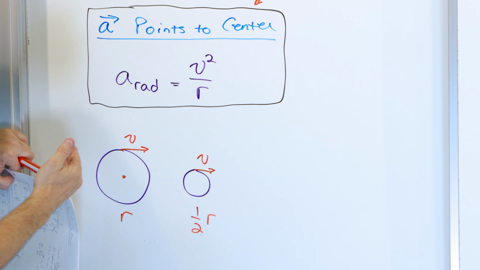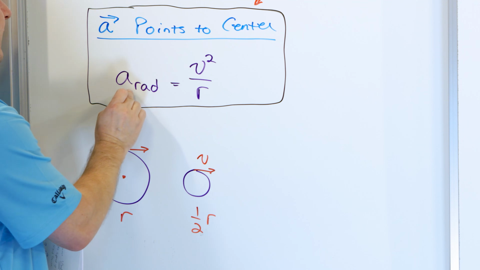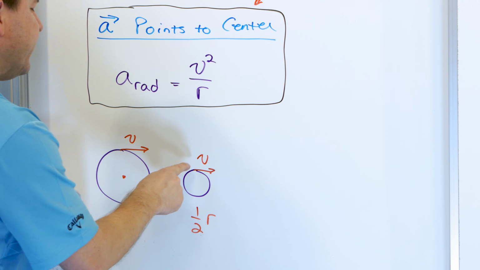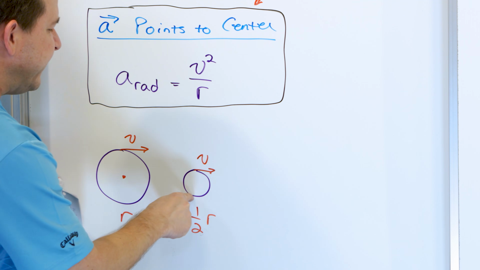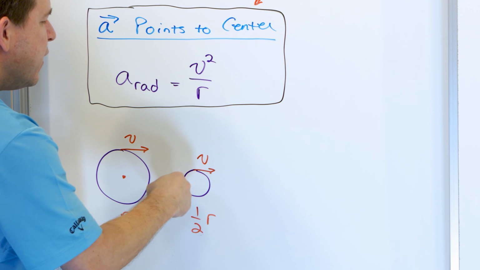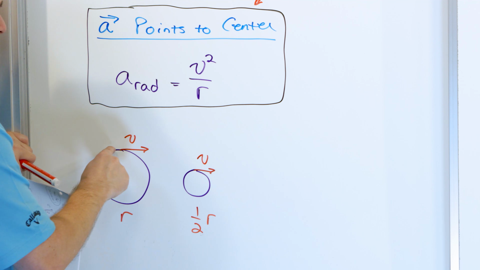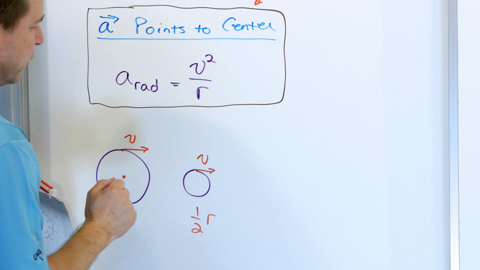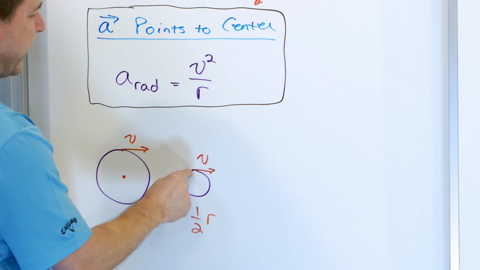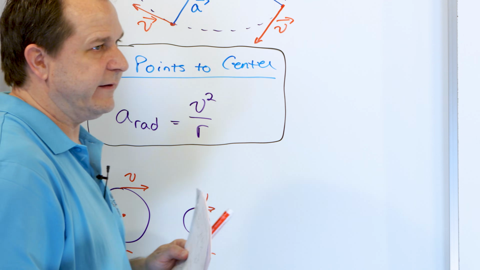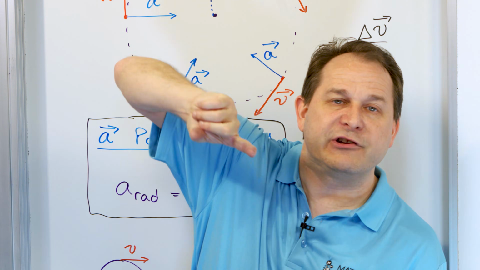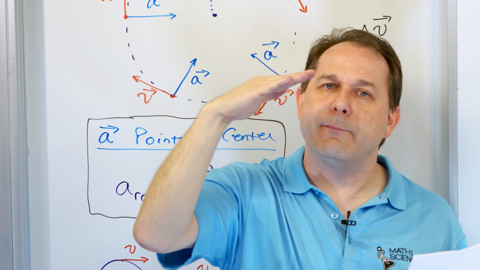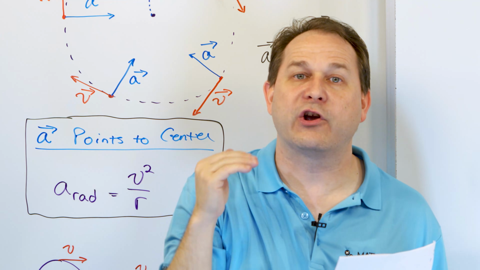So my question to you is, if I make the circle smaller, why does it make sense for the acceleration to get bigger with the same velocity? Well, if the velocity is the same, then since this is a smaller path, it's going to complete a circle much faster than this one, right? Because the speed is the same, 5 meters per second or whatever, but the path is smaller around this circle, so it's going to make more circuits. And it's going to be changing direction a lot faster, because the change in direction here is what's causing the acceleration.